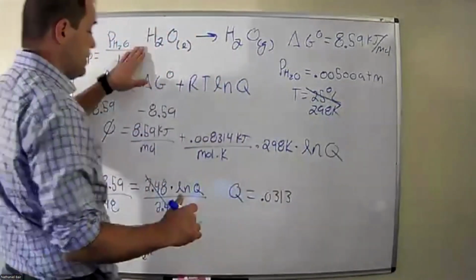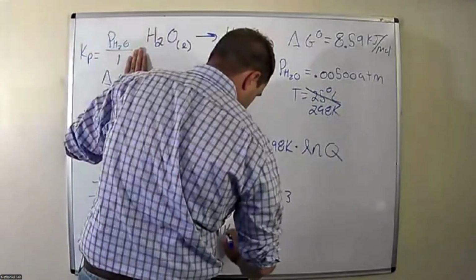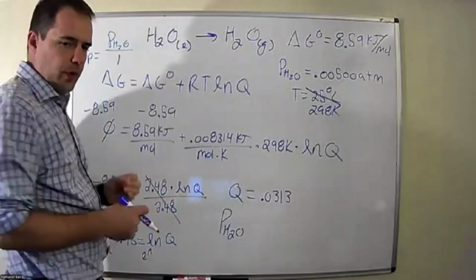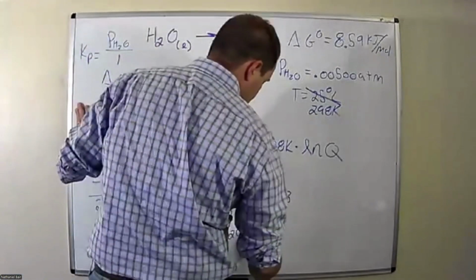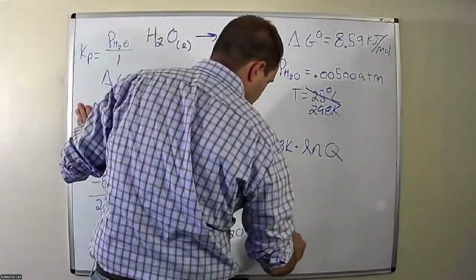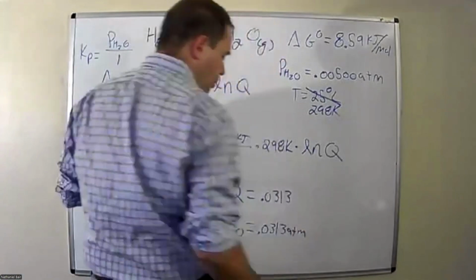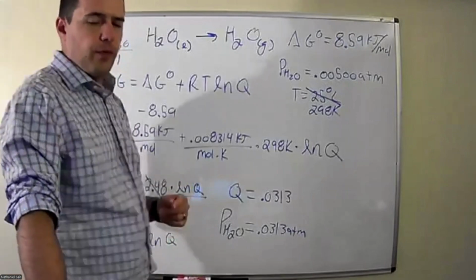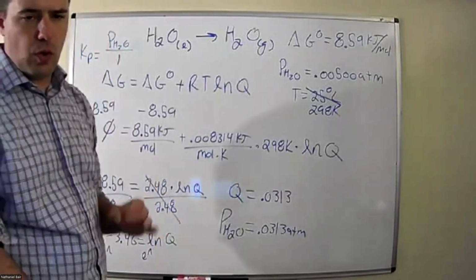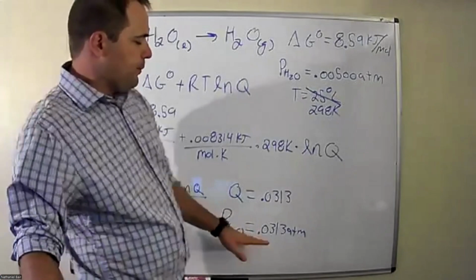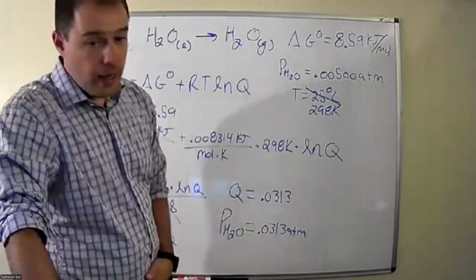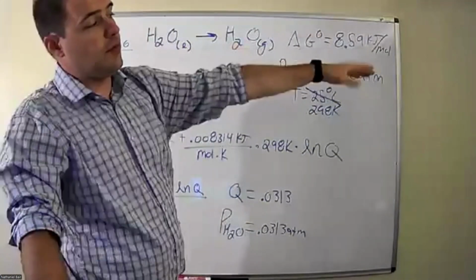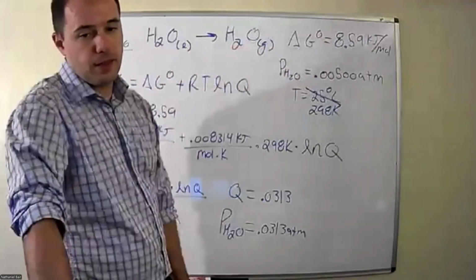That means that the partial pressure, the amount of water vapor in the air, the humidity, has to be 0.0313 atmospheres of pressure. If you get more than 0.0313 atmospheres at 25 degrees Celsius, if the amount of water in the air is more than that, then water will not evaporate. In fact, it will go the opposite direction. It'll be non-spontaneous in evaporation and be spontaneous in condensation.